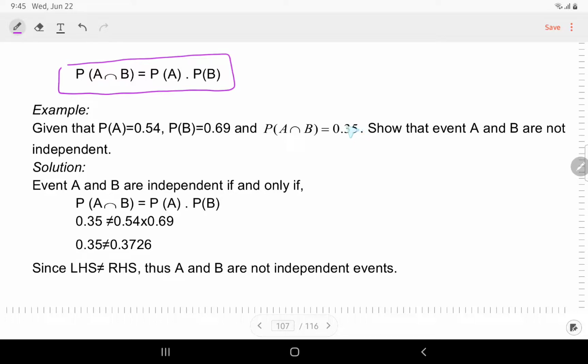Okay. So kita tengok dia equal tak dengan probability A multiply dengan probability B. Okay. So probability A given 0.54, dan kita kena multiply dengan 0.69. Okay, multiply. So dapat jawapan 0.3726. It is not equal to 0.35. Okay, so it is not equal. The formula is not satisfied. So we can conclude that A and B are not independent event.